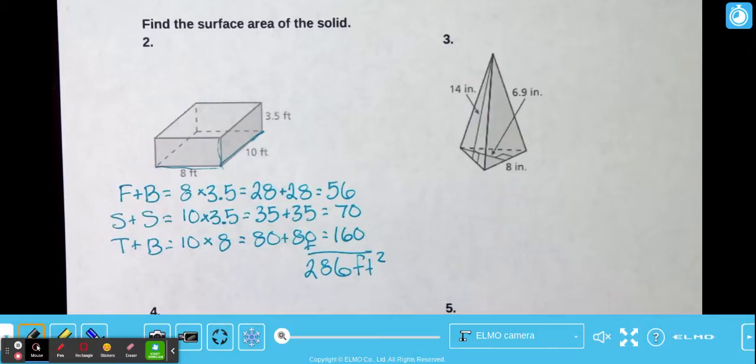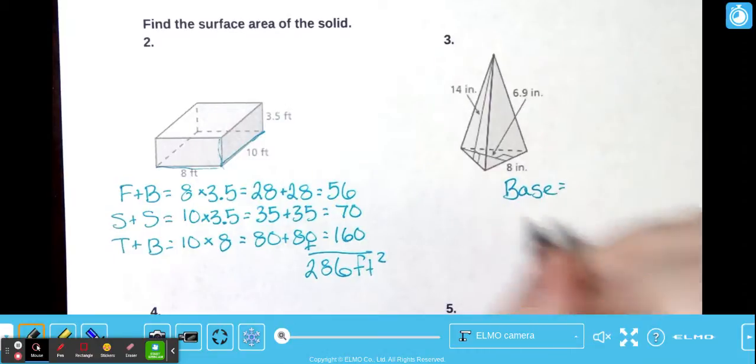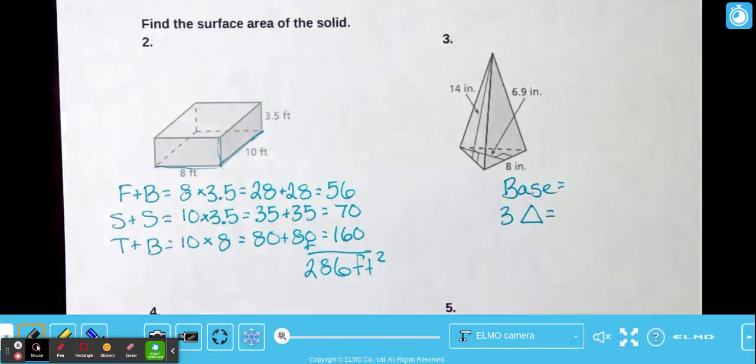All right, number 3. So this is a pyramid. What kind of pyramid is it? Triangular pyramid. So we have our base, and then we have how many triangles coming up out of the sides? 3. So let's find the area of the base first. What is the base length of that base triangle? 8.